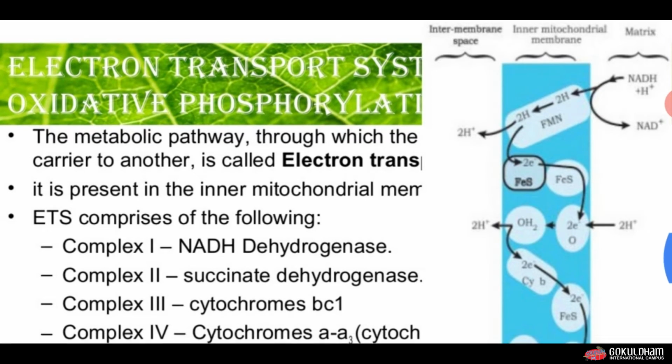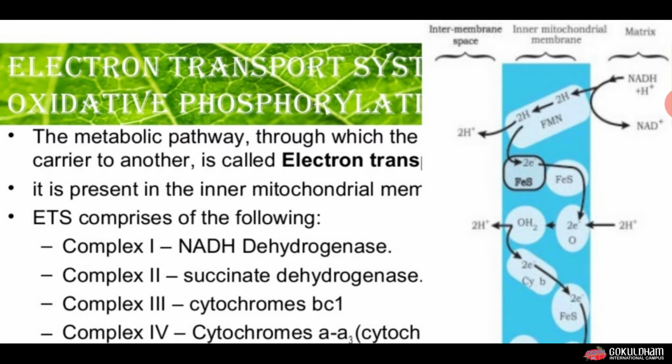The main center blue region shows the electron transport system, which is present in the inner mitochondrial membrane. The left side region shows the intermembrane space, and on the right side the mitochondrial matrix is shown.